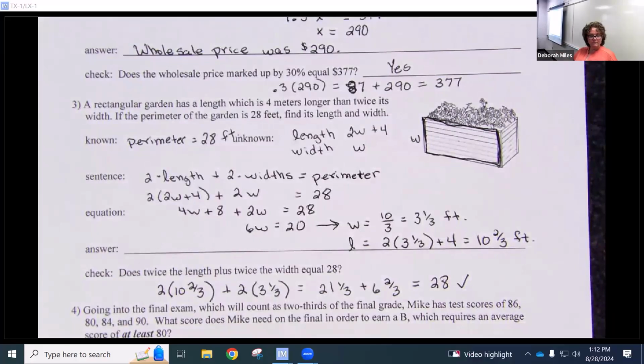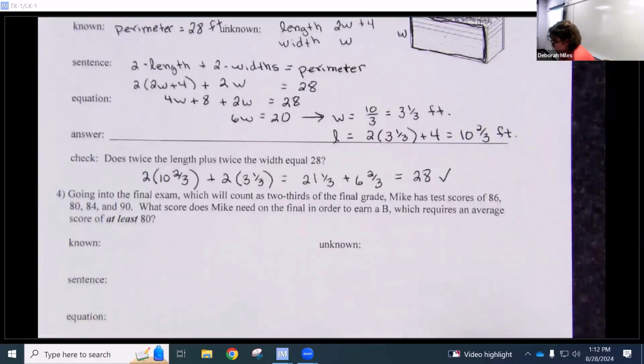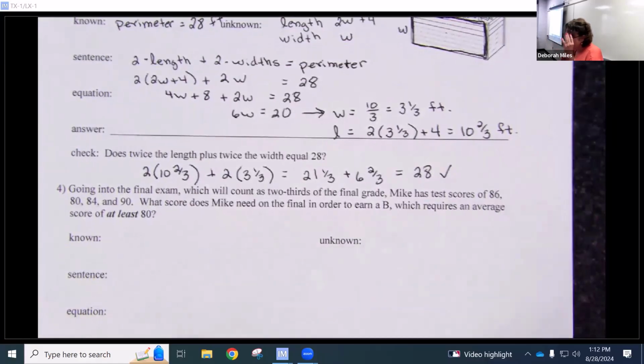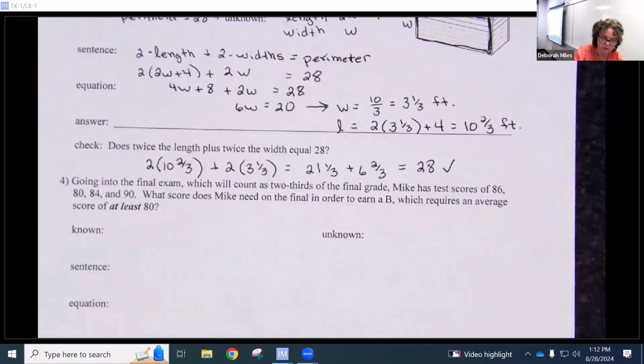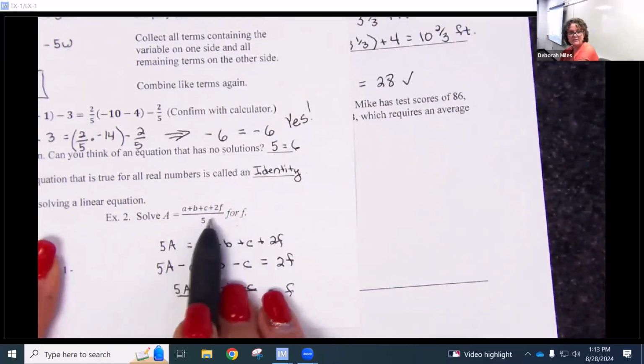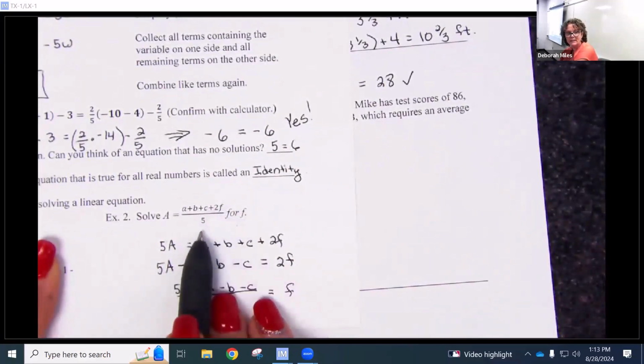All right. Last one. And we may just set it up and, well, I don't know, we may solve it completely. This reminds me of the equation that we solved about when you take 3 tests and the final counts twice.